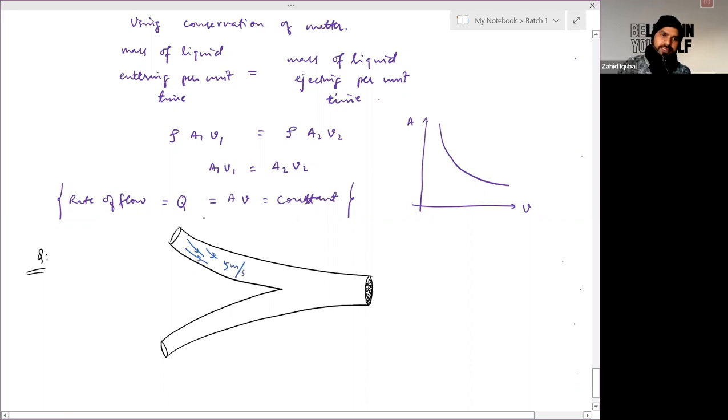Area of tube is A. In this part, velocity of liquid is 3 meters per second. Area of cross-section is A. Now suppose this particular junction having 20 holes, each having area A by 5. Find velocity of ejecting liquid.